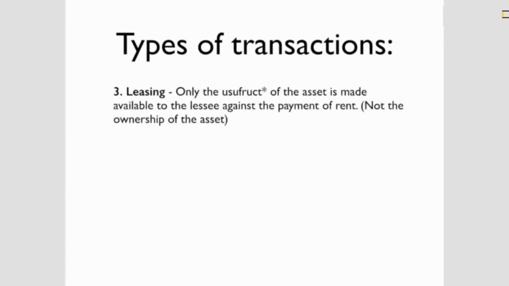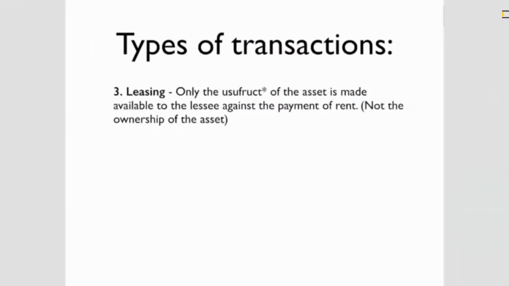In terms of leasing, only the usufruct, or the right to benefit from the asset, is made available to the lessee against the payment of the rent, but not the ownership of the asset. So in a lease, and we are going to talk about lease in a bit more detail later on, we are transferring usufruct, or the right to use a specific asset, temporarily to the person against the payment of the rent.